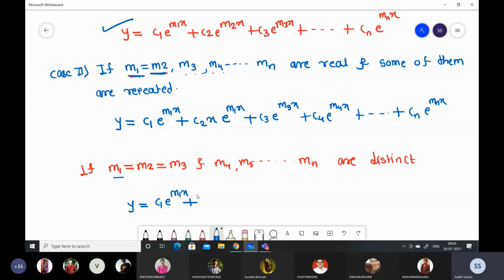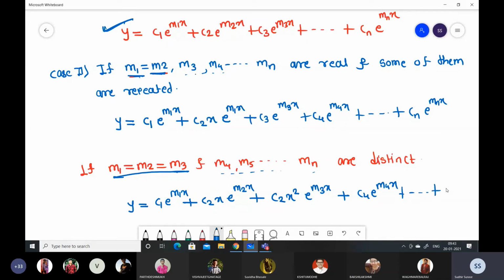Now this is repeated, that's why c2 times x e to the power m2x, plus this is again repeated, that's why raise the power of x, c3 x square e to the power m3x. It doesn't matter whether you are writing m2 or m3 because all are equal, you can see here. And then corresponding to the rest of the roots you have to follow case number 1. So this is going to be c4 e to the power m4x, and so on, last root we have c suffix n e to the power m suffix n x.